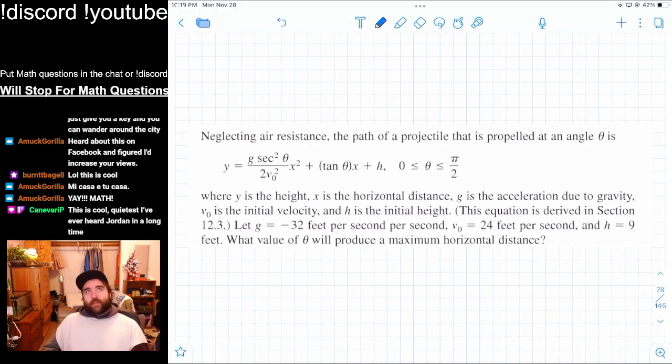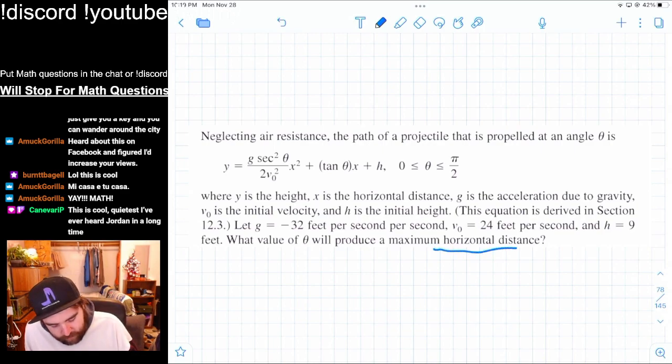So let's think about that in terms of what we've been doing. So we want the equation equal to what we're trying to maximize. Because we've been trying to maximize the functions. So we're trying to maximize the horizontal distance. Is that what y is? No. Y is the height. H is the horizontal distance.